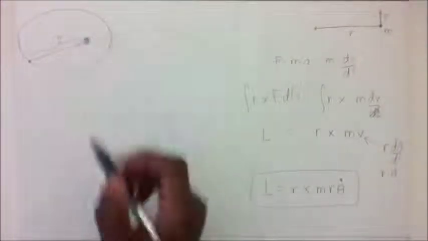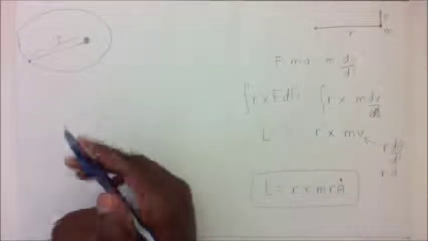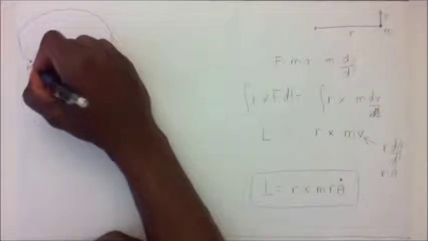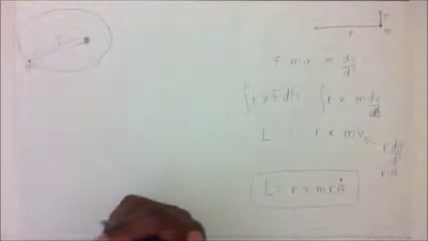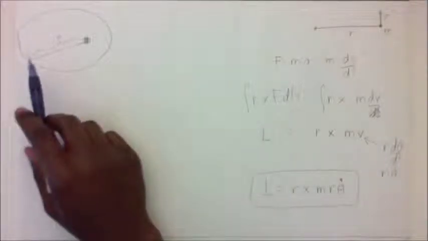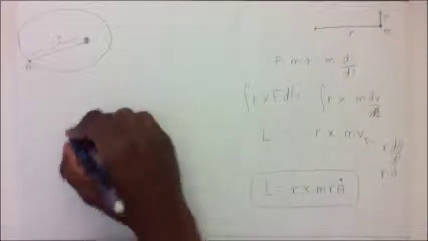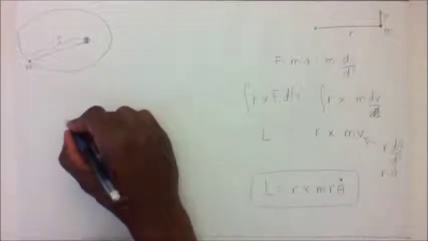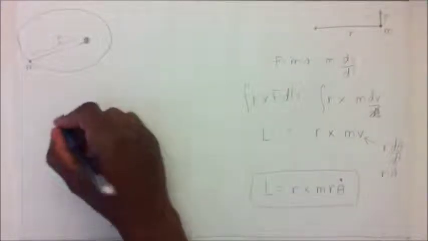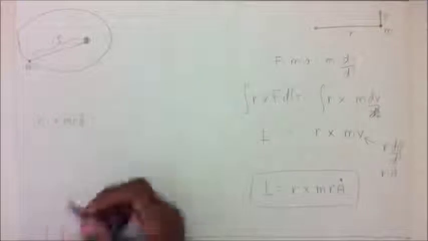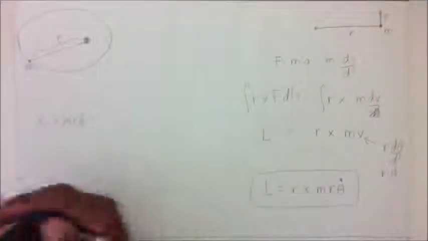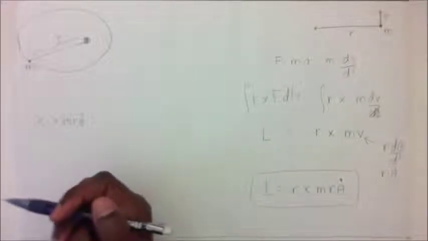Now, if I want the angular momentum here, the planet has a mass which we'll say is m. The mass times r1 theta dot, cross multiplied by r1, is going to be the angular momentum that's attributed to this planet.